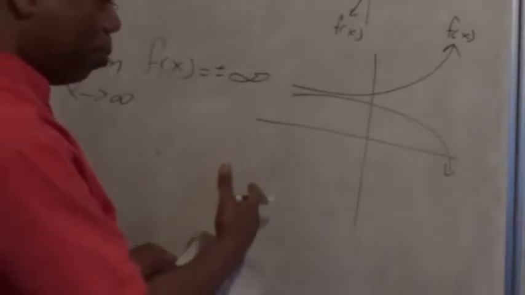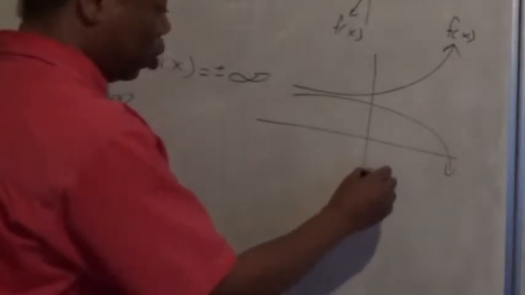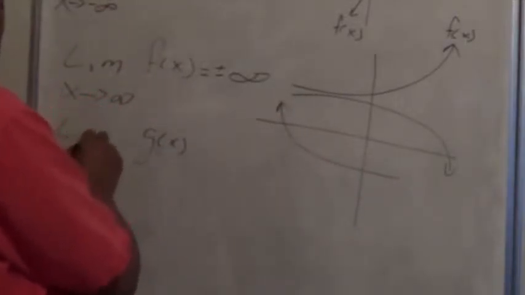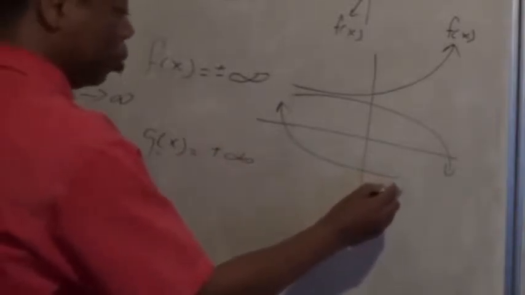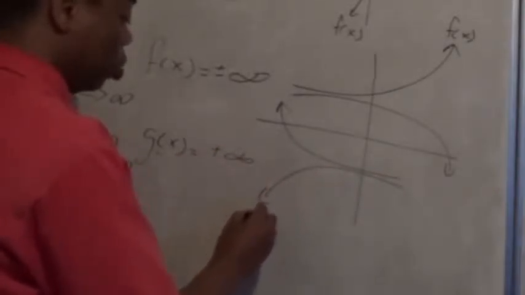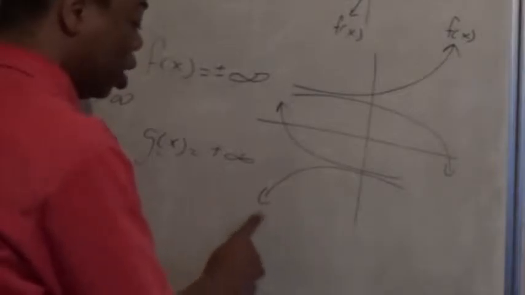And the same thing could happen going backwards. We could have a function, let's say g, as x approaches negative infinity, could go up to positive infinity. Or g could go possibly to negative infinity.